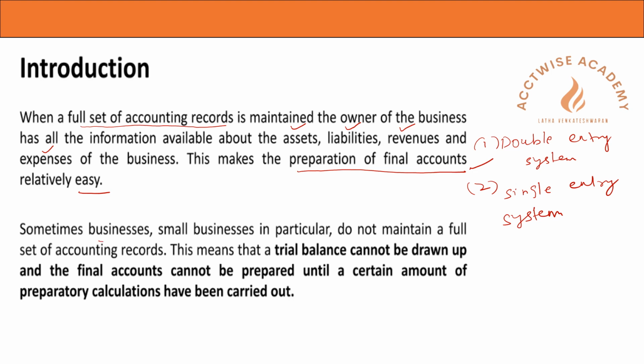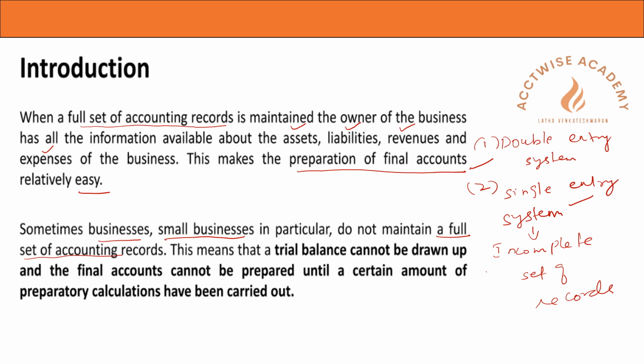Sometimes businesses, particularly small businesses like grocery stores, general stores or a fast food joint, do not maintain a full set of accounting records. What will happen then? Then it means that they have an incomplete set of records or single entry system.